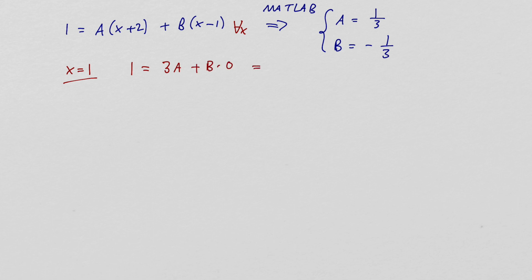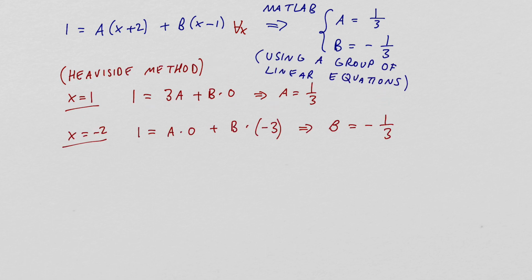And from here we can easily get a is 1/3. On the other hand, if we set x equal to minus 2, we will get that 1 is a times 0 plus b times minus 3. And this easily gives b equal to minus 1/3.